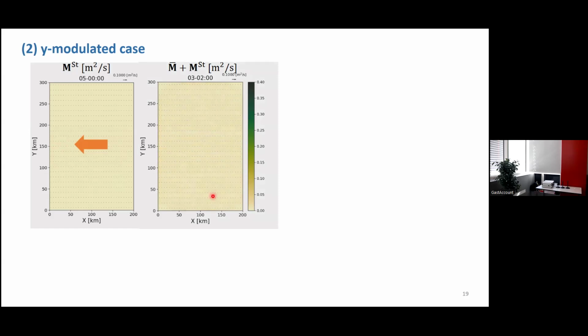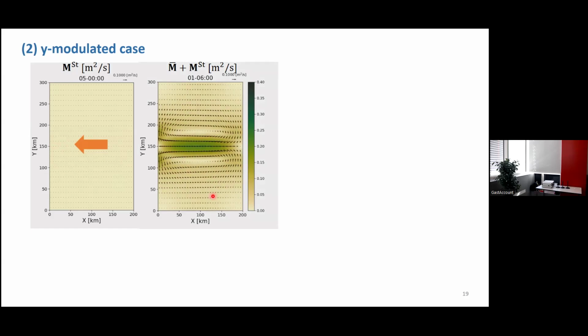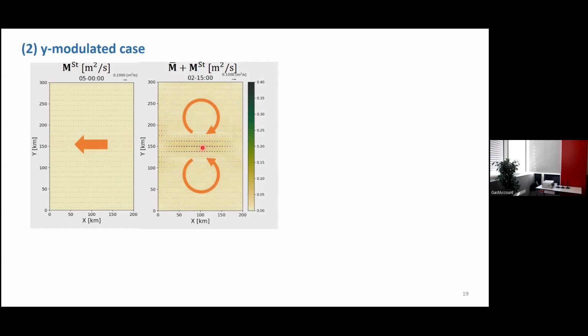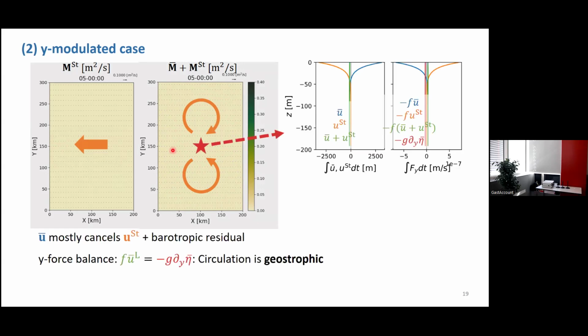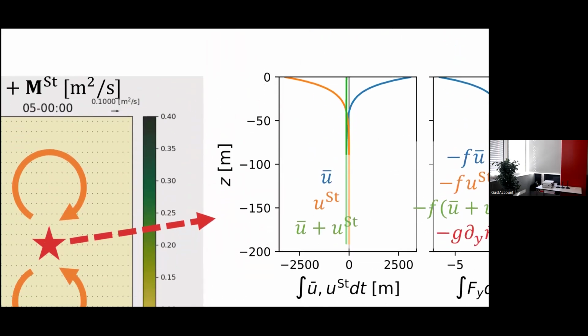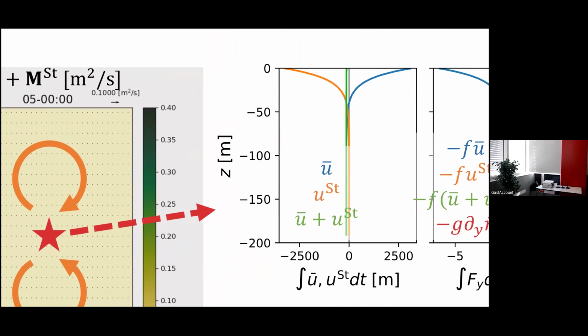If you can't see the arrows, it's hard to see the actual response. But there is a dipole-like net horizontal circulation on both sides of the localized forcing. This is the vertically integrated one, but I also looked at the vertical structure. Here I'm showing the vertical profile of each velocity component: the blue color shows the Eulerian, the orange shows the Stokes drift, and the green shows the Lagrangian.